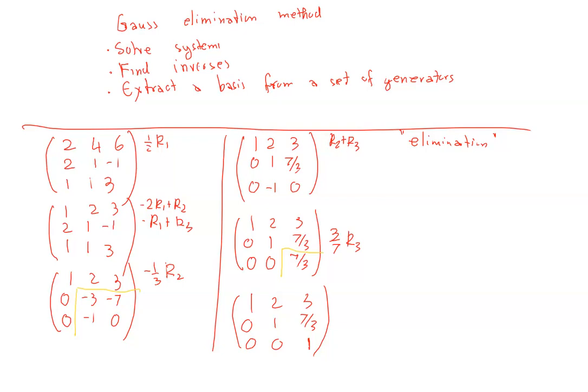Let me be careful at what I'm going to say here. I was about to suggest that it's not unique. Well, in this case, it's not going to be any different, unless you work with a different first row. So let's say on the first step, you put on the top the third row, 1 1 3. It's a possibility, right? So you swapped row 1 and row 3. Then you would have got a different row echelon form.